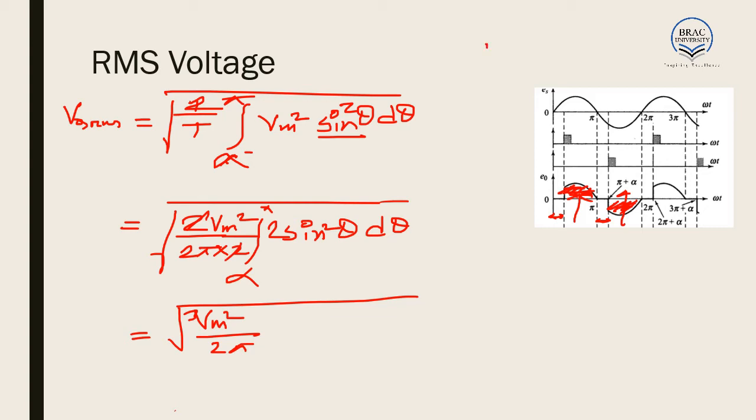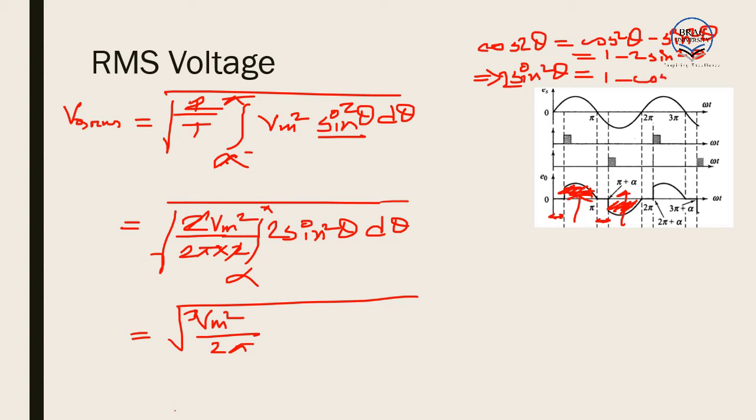Now we know cos 2 theta is equal to cos square theta minus sine square theta. From there we get cos 2 theta is equal to 1 minus 2 sine square theta. So we get 2 sine square theta is equal to 1 minus cos 2 theta.